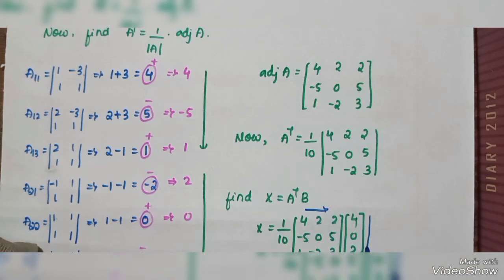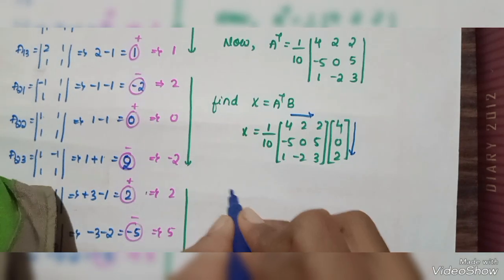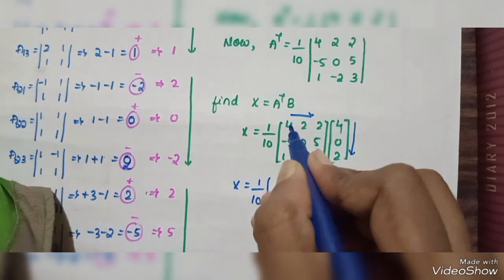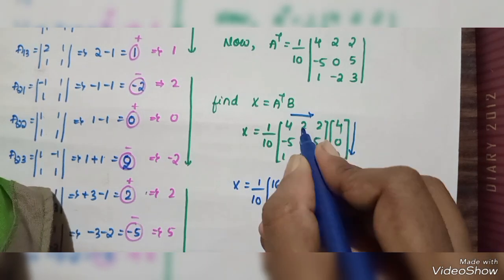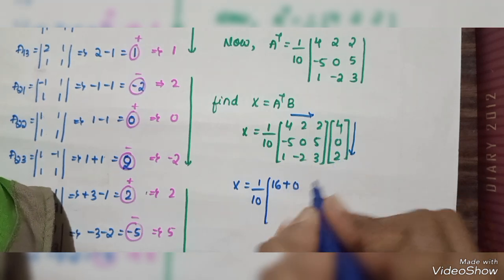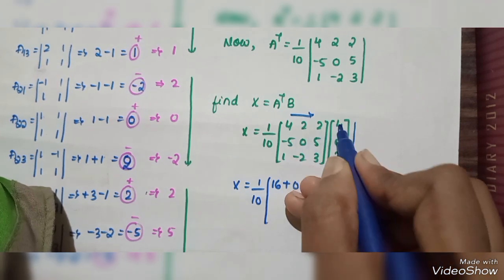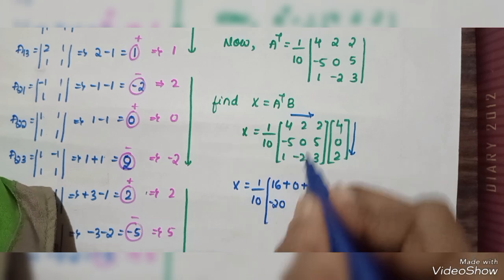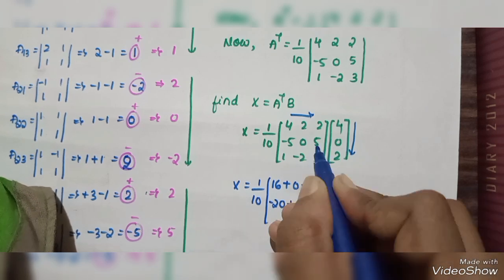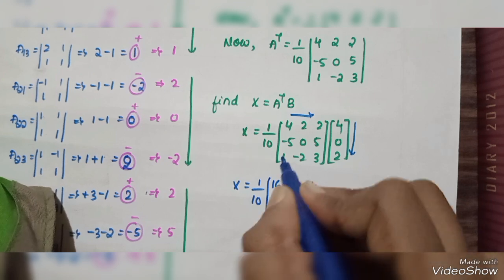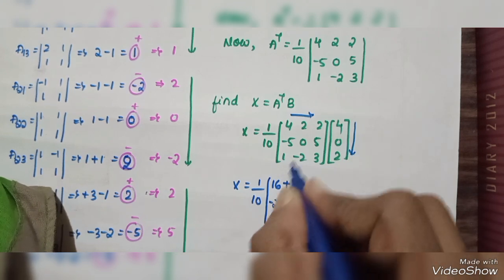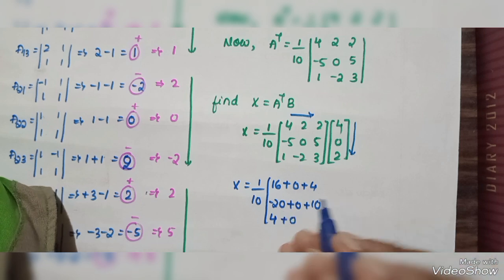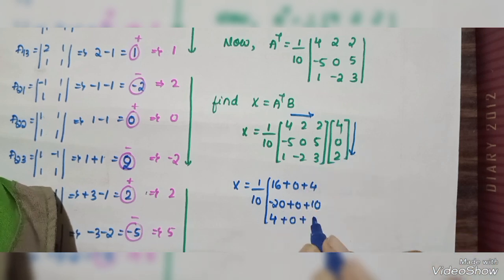Row by column. So X is equal to 1 by 10 into 4 into 4, 16, 2 into 0, 0, 2 into 4, minus 5 into 4, minus 20, 0 into 0, 0, 5 into 2, 10, 1 into 4 it becomes 4, minus 2 into 0, 0, 3 into 2, 6.